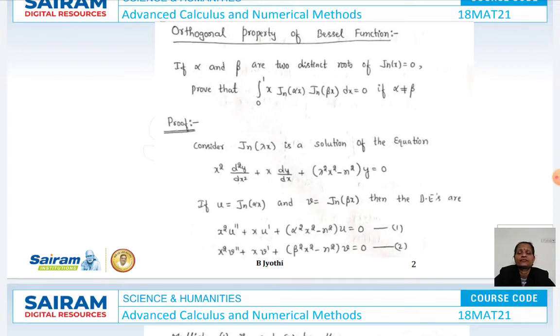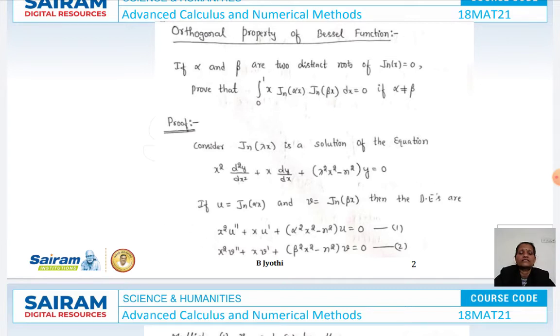Proof. Consider Jn of lambda x is a solution of the equation x squared d square y by dx square plus x dy by dx plus lambda square x square minus n square of y equal to 0. If u is Jn of alpha x and v is Jn of beta x, then the differential equations are x square u double dash plus x u dash plus alpha square x square minus n square of u is equal to 0.